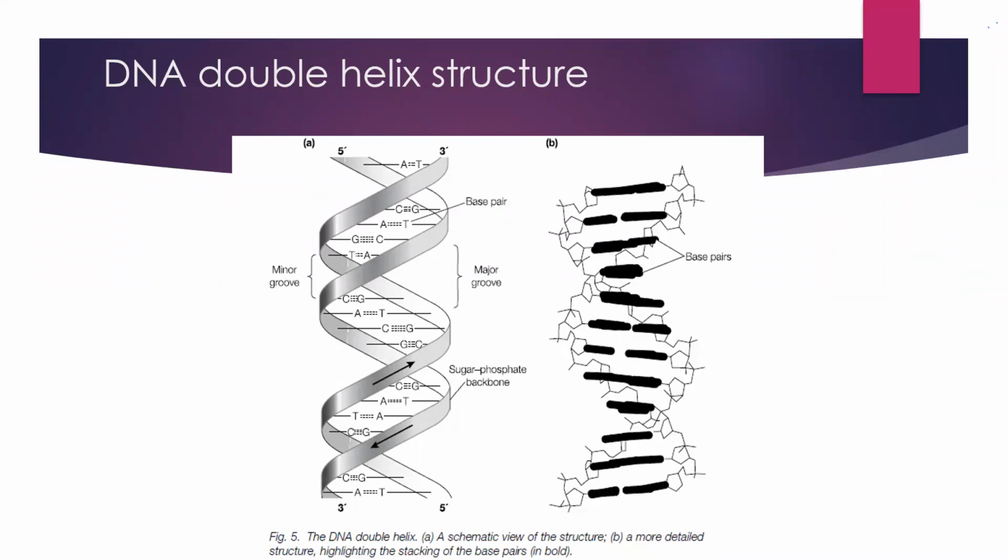Then these nucleosides may get covalently attached to one or more phosphate groups, and they form nucleotides. These nucleotides are the monomers which are joined by the polymeric linkage, that is phosphodiester bond, to form the polymeric nucleic acids. So these dNTPs or NTPs are the precursors for the synthesis of these nucleic acids, either DNA or RNA, and it has the direction, that is 5' to 3' direction.